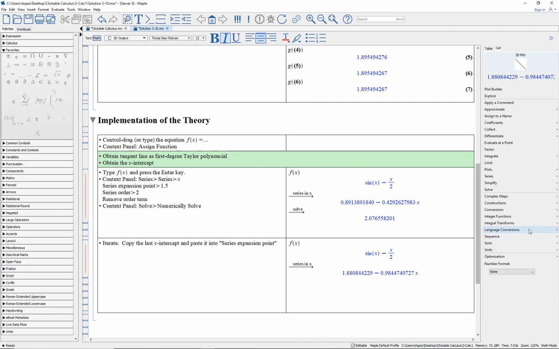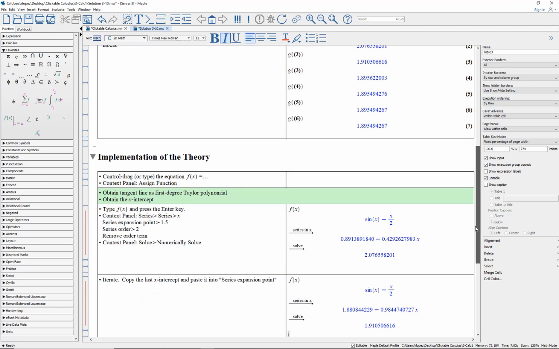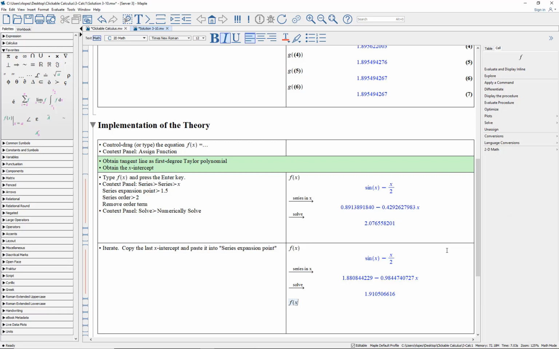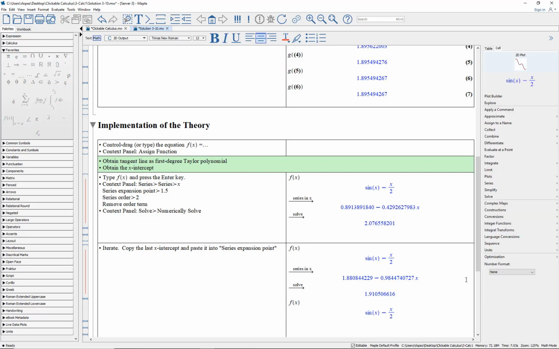Solve this for x, and that's the second iterate. And we'll try that one more time. F of x, series expansion, because this is what we're using to get the tangent line.